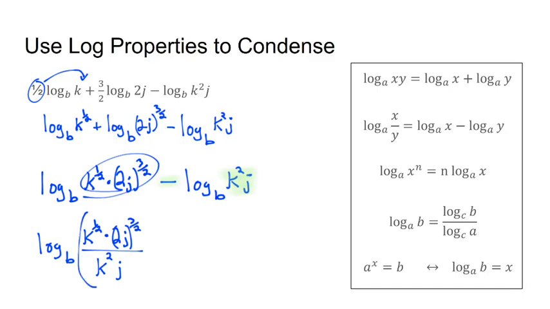Now, this is something that we could simplify. This is almost starting to look like an exponent properties problem, because I can simplify all this, and maybe I should do that real quick. I'm going to rewrite this term. If I have a single term that's raised to a power, I know that that power applies to both the 2 and the j.